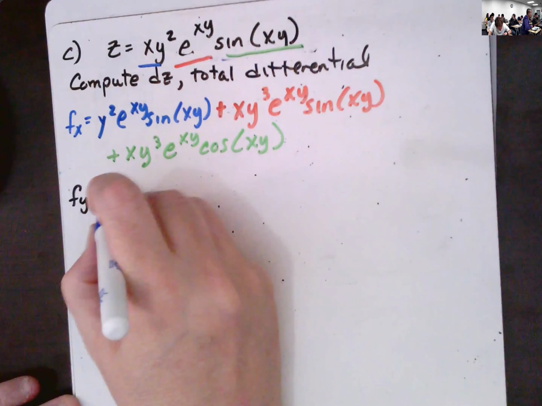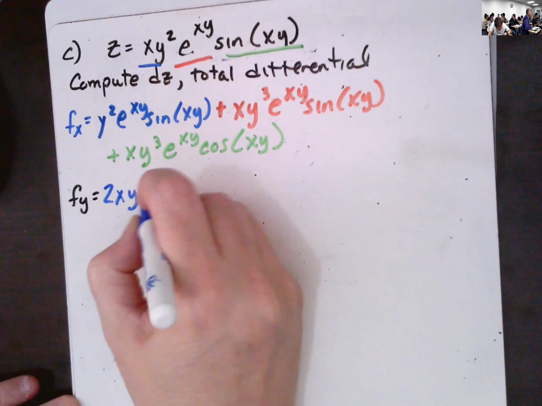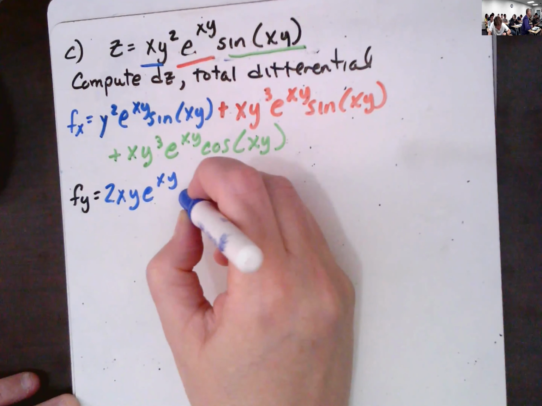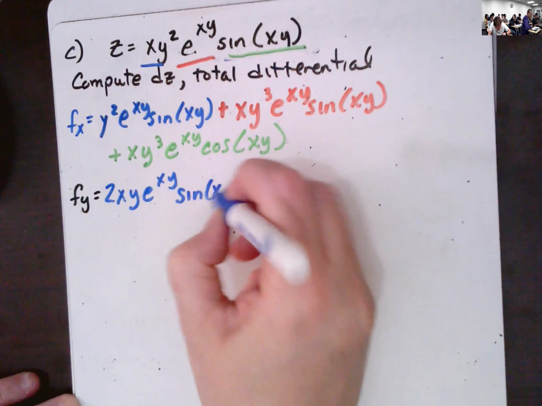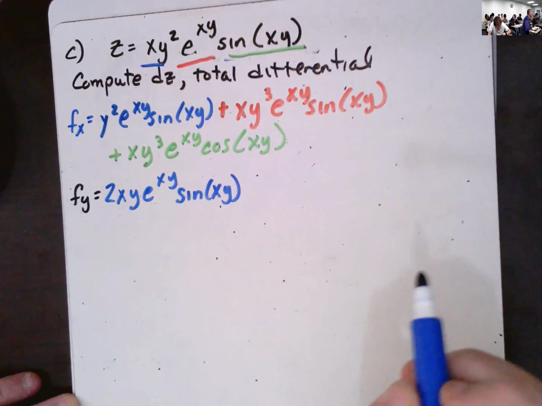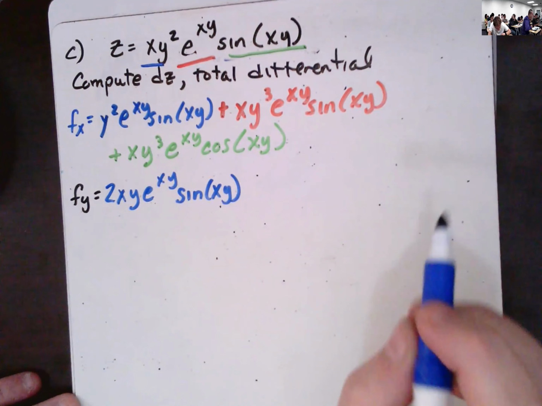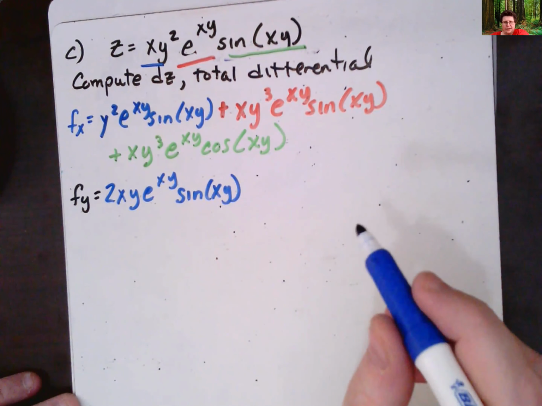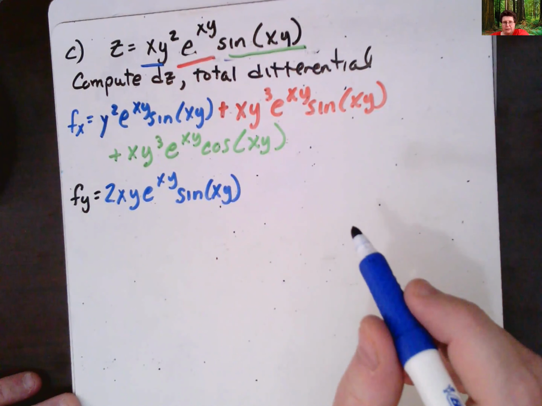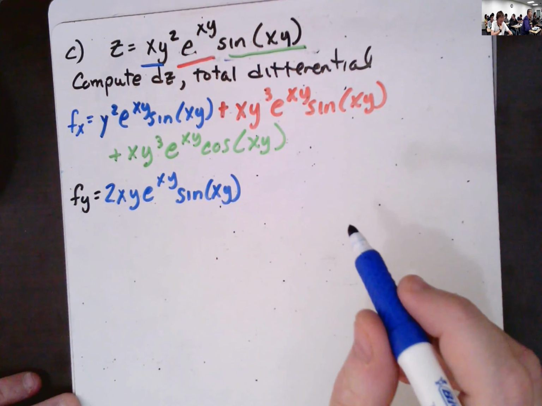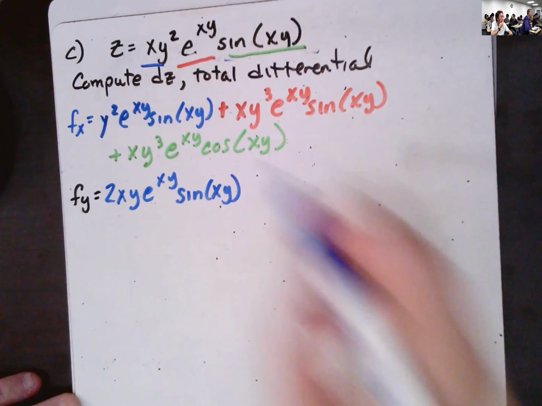If you want to make your life a little easier, you can probably factor out the e to the xy for each of them. That just means doing an extra step at the end that you don't need to do. It's up to you. I was just saying that it's something if you want to do less writing.